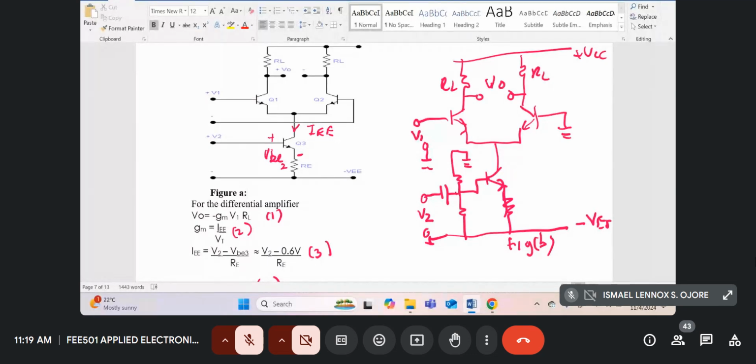The only limitation is that the signals V1 and V2 do not have a common reference. So all this implementation has got many disadvantages. The output also is floating. It doesn't have a common reference. We want an output with respect to the ground. We want the signal V1 with respect to the ground. We want the signal V2 to be applied with respect to the ground.